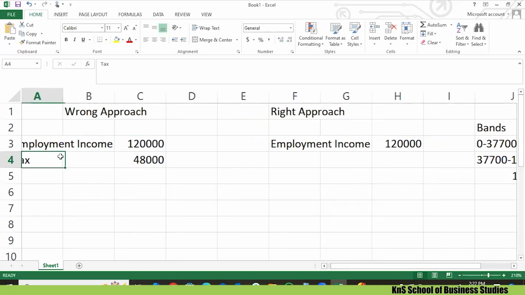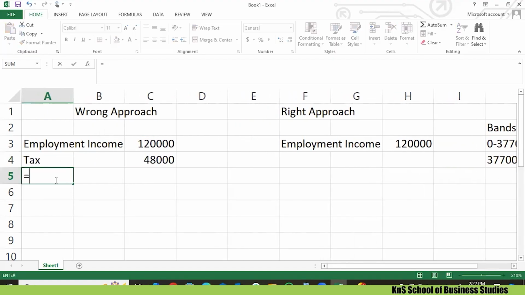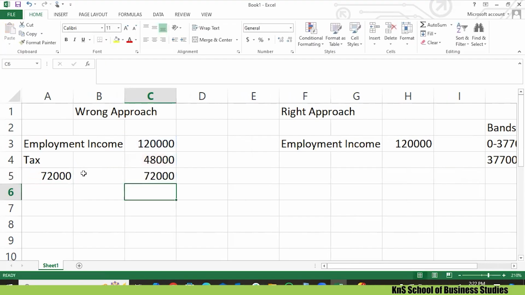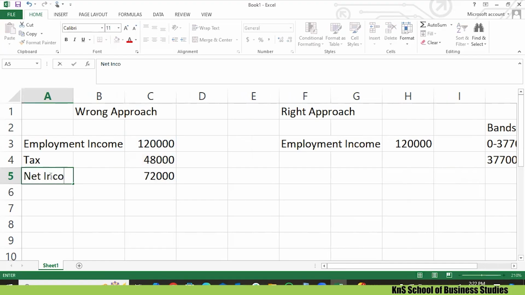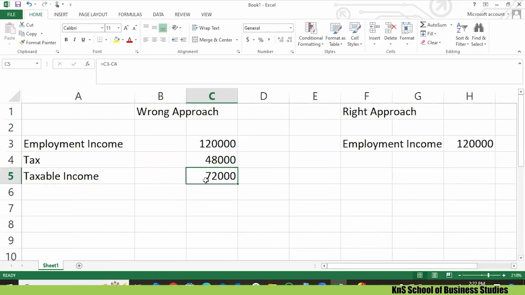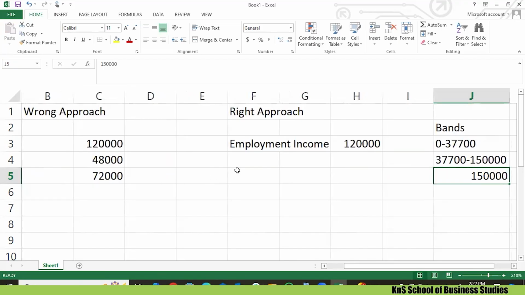Your answer comes up 48,000, and there you subtract it, and you are going to tell that, okay, my net income, call it taxable income, is 72,000.